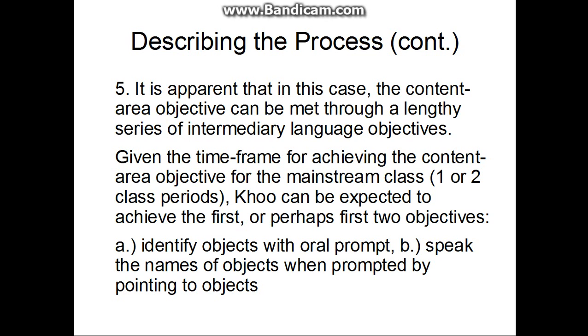Given that the time frame for achieving the content area objective for the mainstream class will probably be 1 or 2 class periods, we can expect that Ku could perhaps achieve the first or maybe the first 2 objectives that we outlined above, to identify objects with oral prompt and to speak the names of objects when prompted by pointing to the objects.